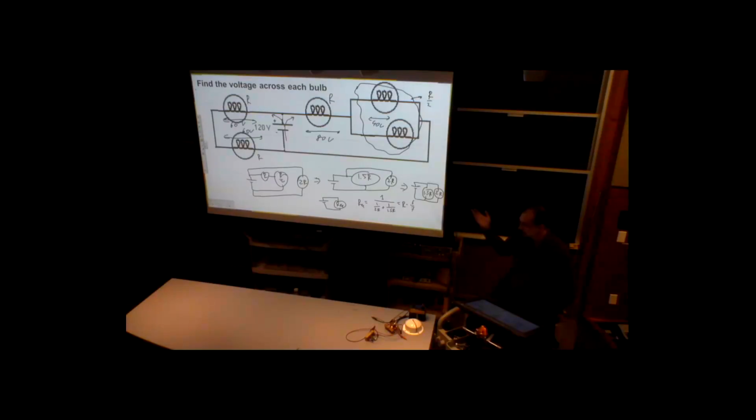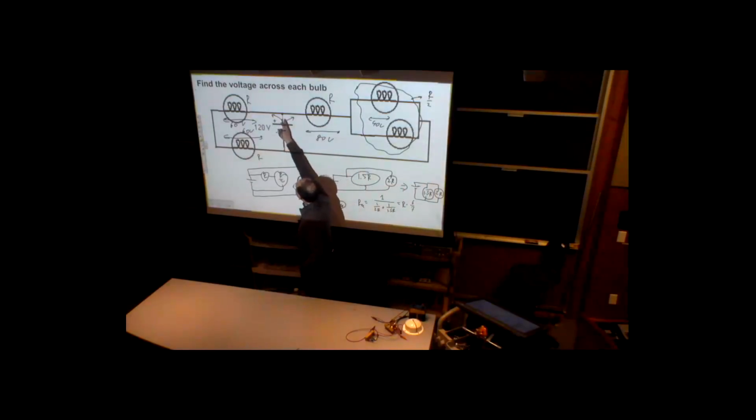Okay. What's next? I was not sure about how the current distributes. Well, you see, the battery generates current, it travels here, splits. It's a junction. Some current goes there, some current goes here. Then eventually there is a splitting point, and then they go together back into the battery. That's it.